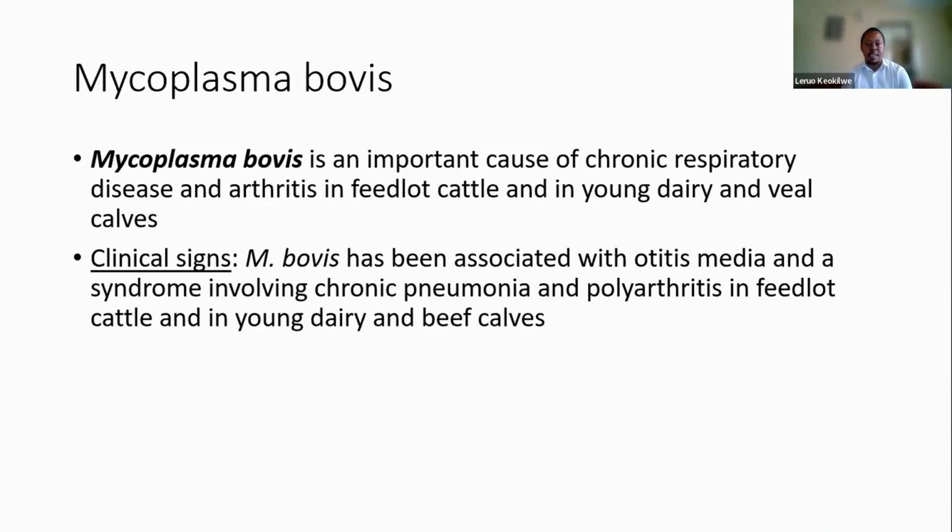Mycoplasma bovis is another differential diagnosis which causes chronic respiratory disease and arthritis, usually in feedlot cattle and in young dairy calves. The clinical signs of Mycoplasma bovis are associated with otitis media, but usually as well with the syndrome for chronic pneumonia, but also polyarthritis in feedlot cattle and young dairy and beef calves.